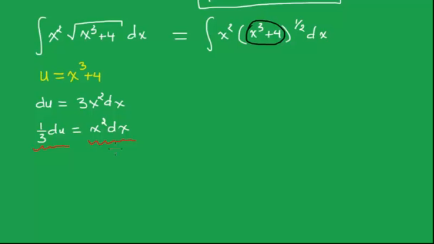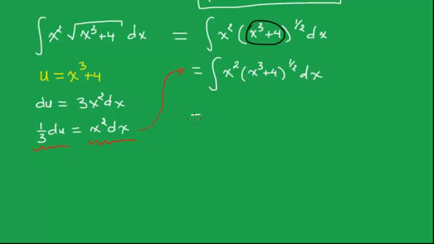Now what do we do with this? We had the original integral there, so this equals the integral of x squared (x cubed plus 4) to the power of 1/2 dx.